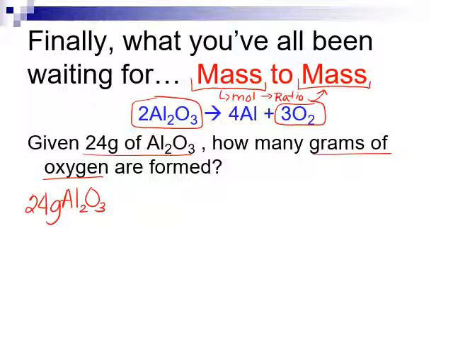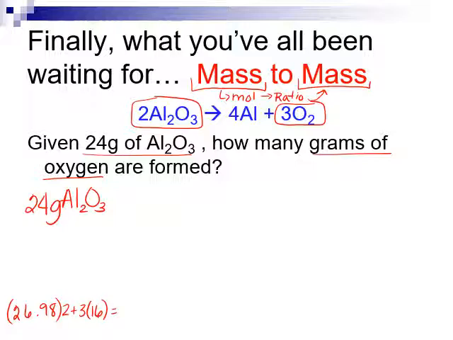Aluminum has a molar mass of 26.98 grams, and there's 2 of them, plus 3 times 16. Remember, oxygen is 15.9994. It does not round to 15.99. It rounds to 16.00.